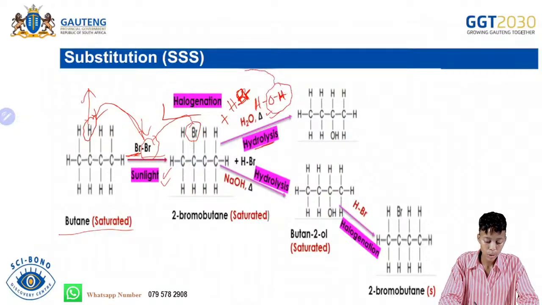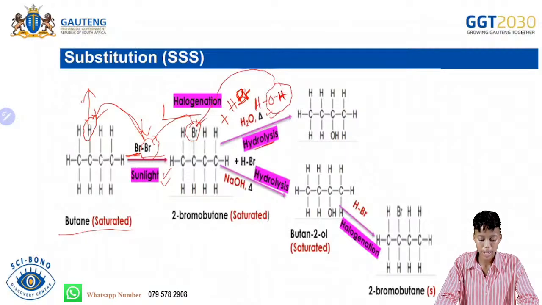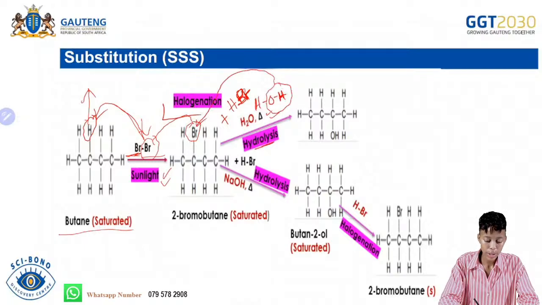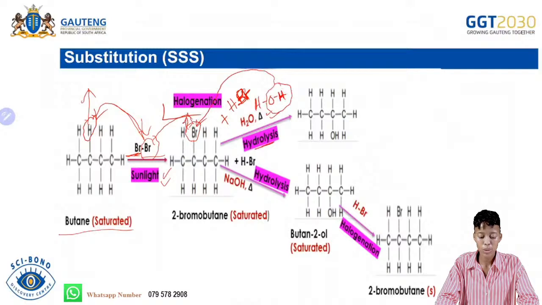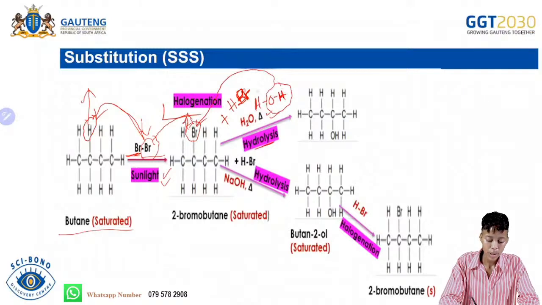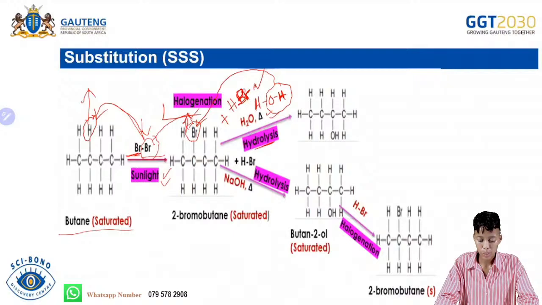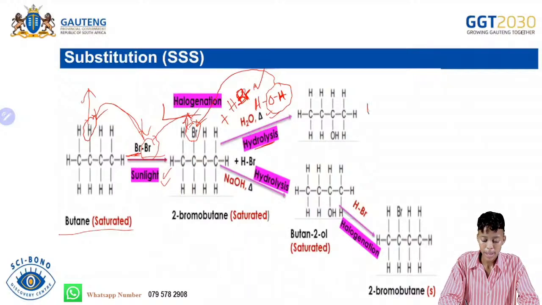So you are substituting this water where you have the Br. So it means that you no longer have the Br because you substituted the Br with your OH. And then what is it that you have left in terms of the water? You have H and the Br that you removed. So your other product that will be formed will therefore be your HBr.